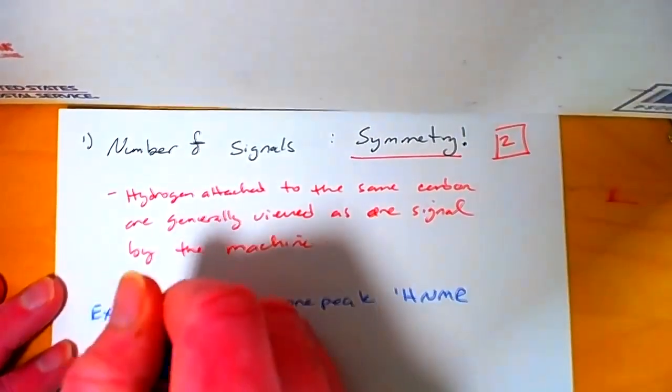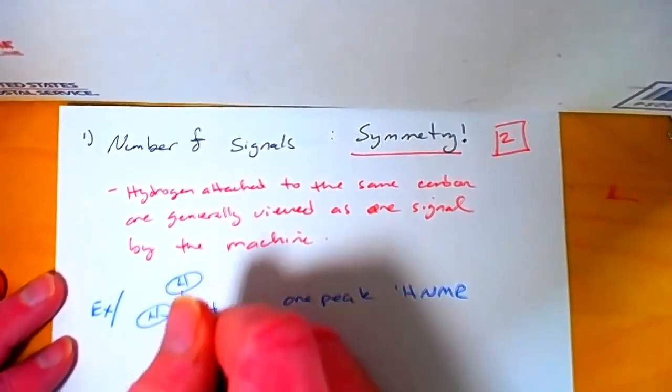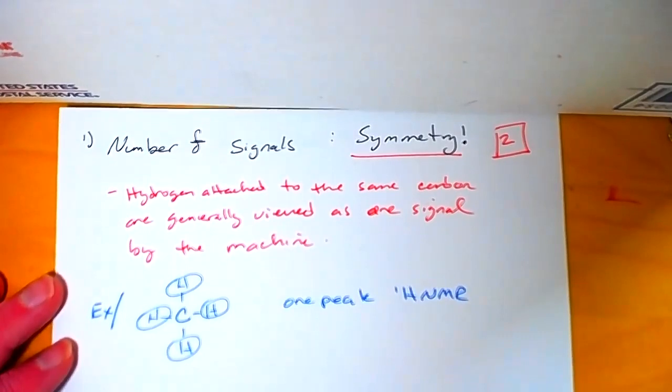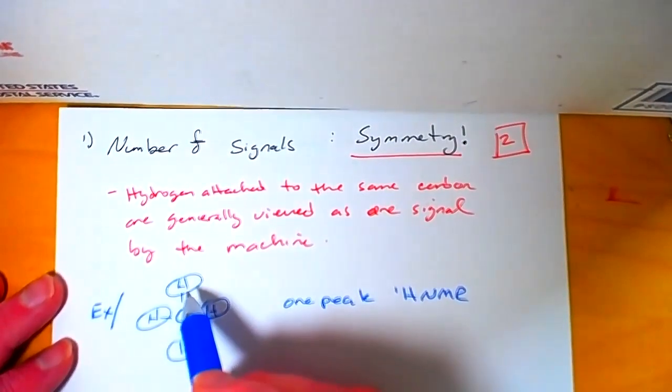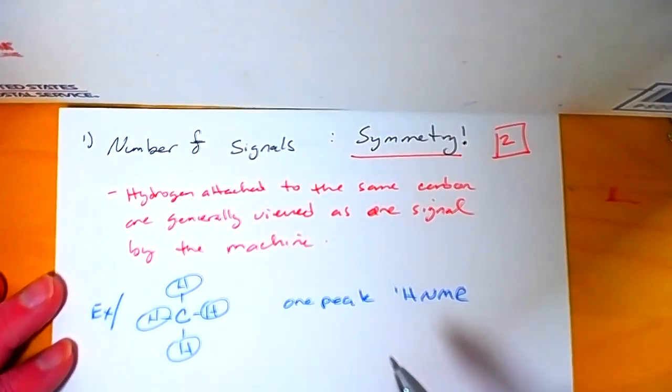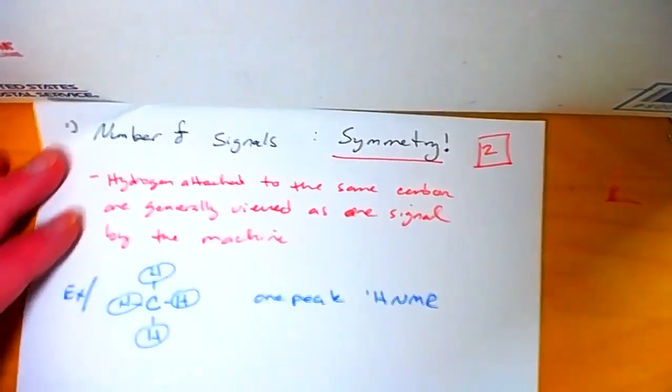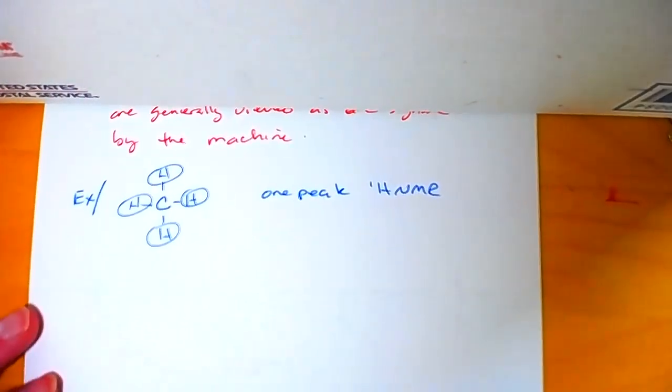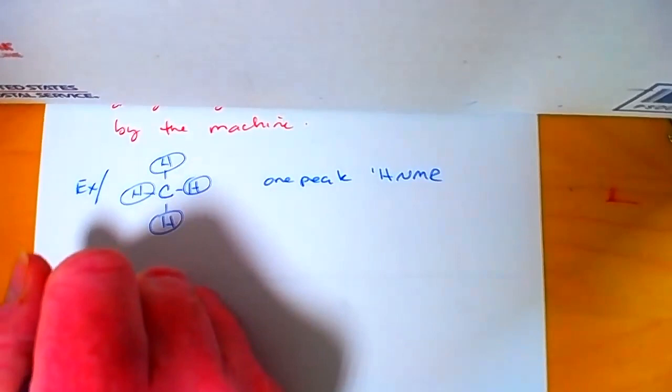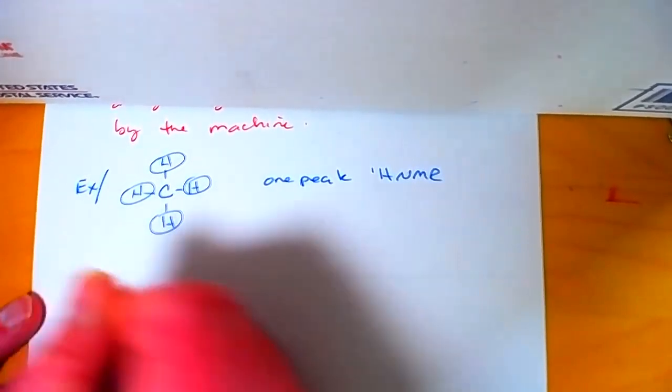Because all four of these hydrogen atoms, the machine views as equivalent, okay? And so they all show up basically as just one signal, okay? Now, this is also true even if they're attached to different carbon atoms, as long as there is a plane of symmetry there.